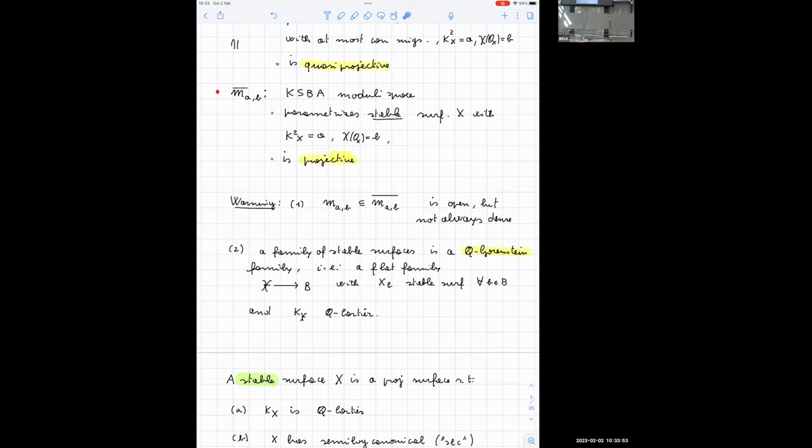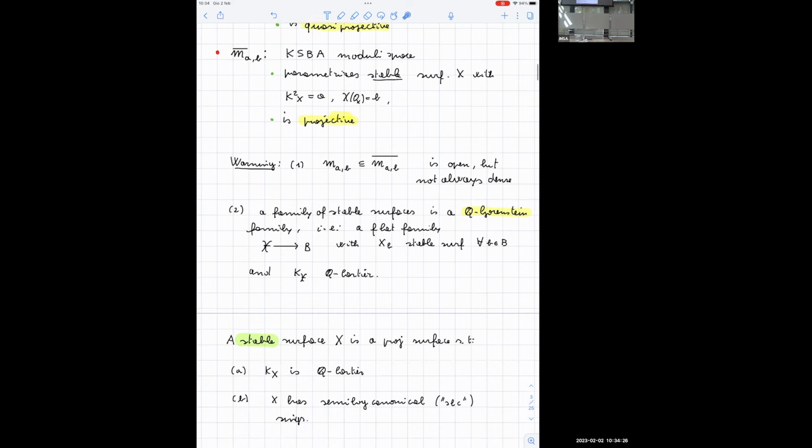And then the definition here is less obvious, because moduli spaces are not only about the varieties we want to classify, but what families are. And in the construction of the KSBA moduli spaces, you consider Q-Gorenstein families, which means you have flat families such that the total space is Q-Gorenstein, namely the canonical class of the total space is Q-Cartier.